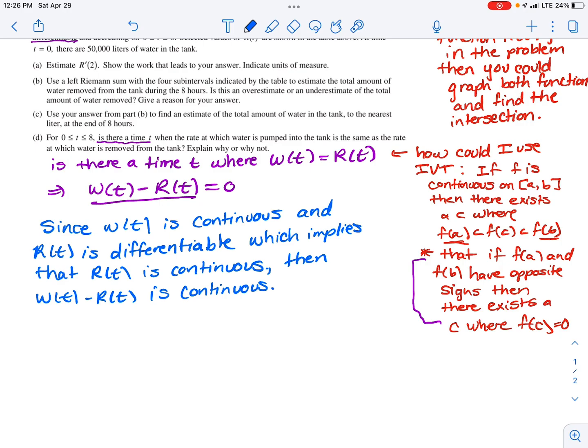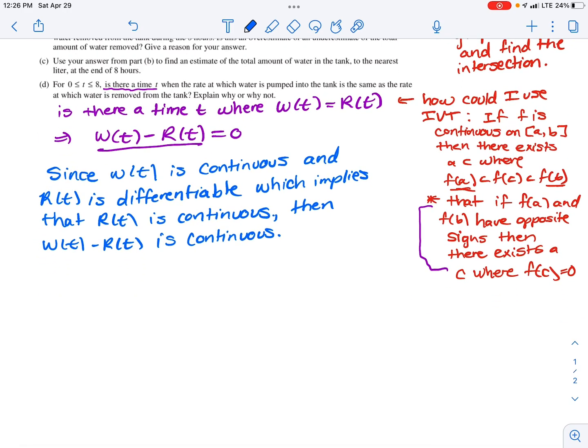Okay, so then I also have to check now the signs of w of 0 minus r of 0, right? So also w of 0 minus r of 0 equals something, and w of 8 minus r of 8 equals something.